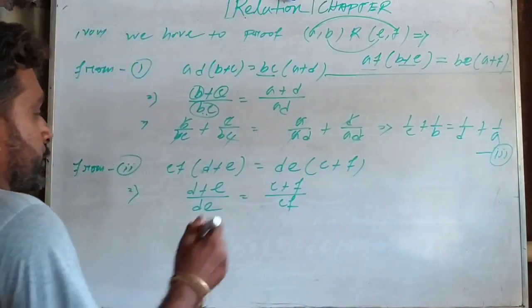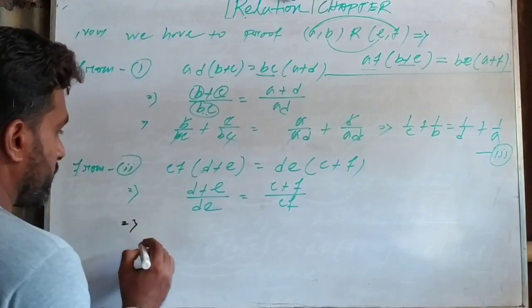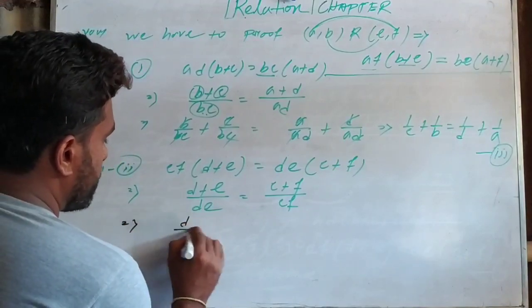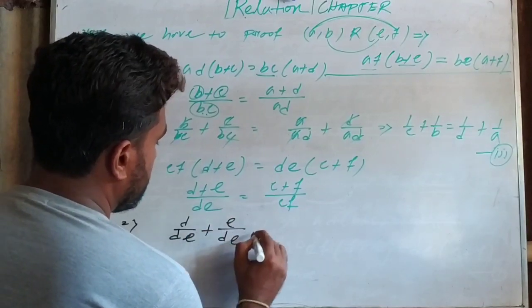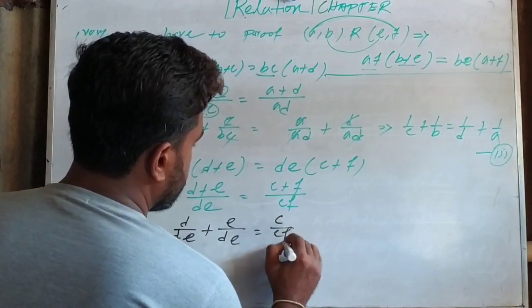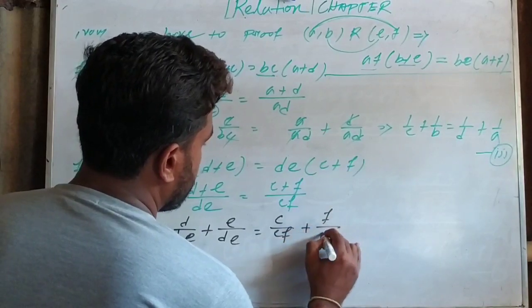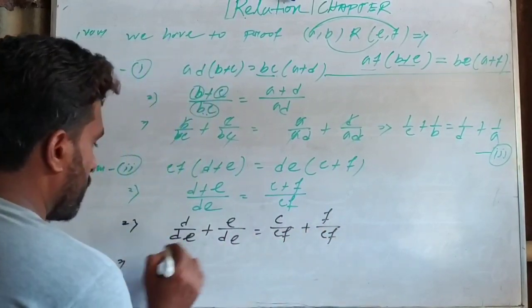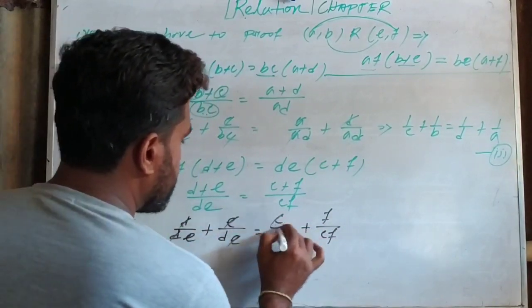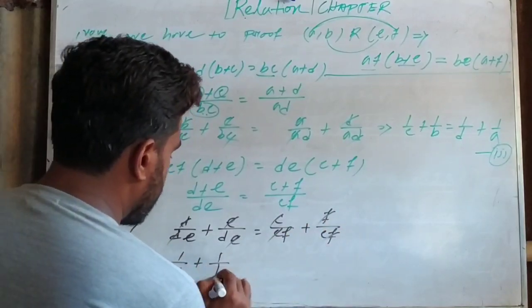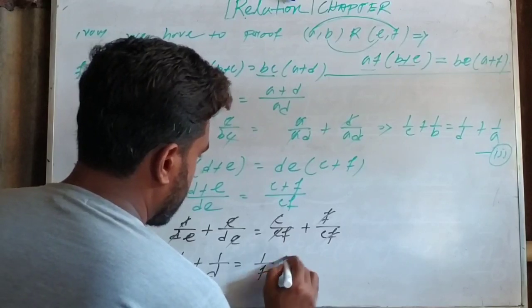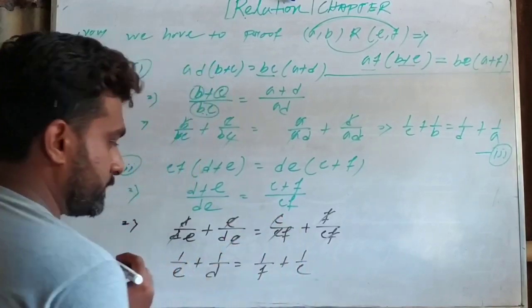Okay. So here you can see d by de, e by de, c by cf plus f by cf. dd cancel, ee cancel, cc cancel, ff cancel. 1 by e plus 1 by d equals to 1 by f plus 1 by c.